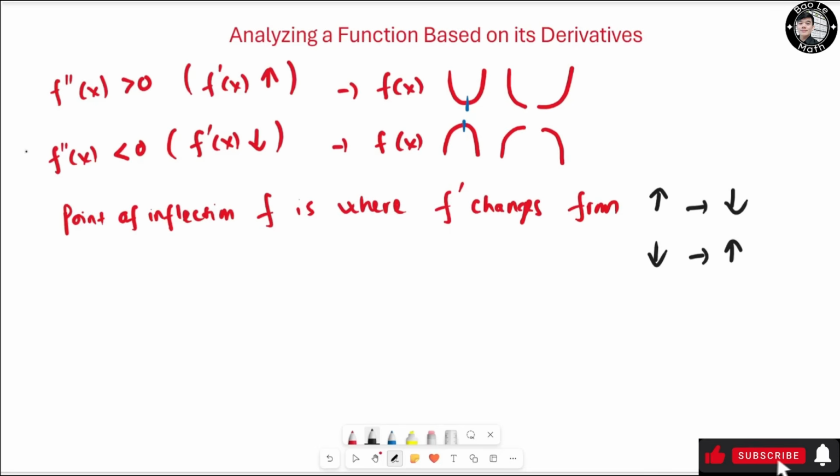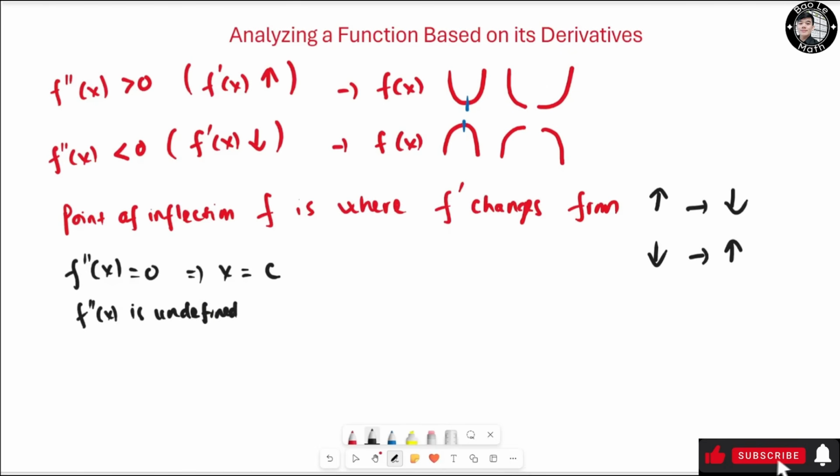Another way to find the points of inflection is to use the second derivative. The first thing you need to do is solve f double prime of s equals 0. Suppose I have s equals c. And you need to find the value of s where f double prime of s is undefined.